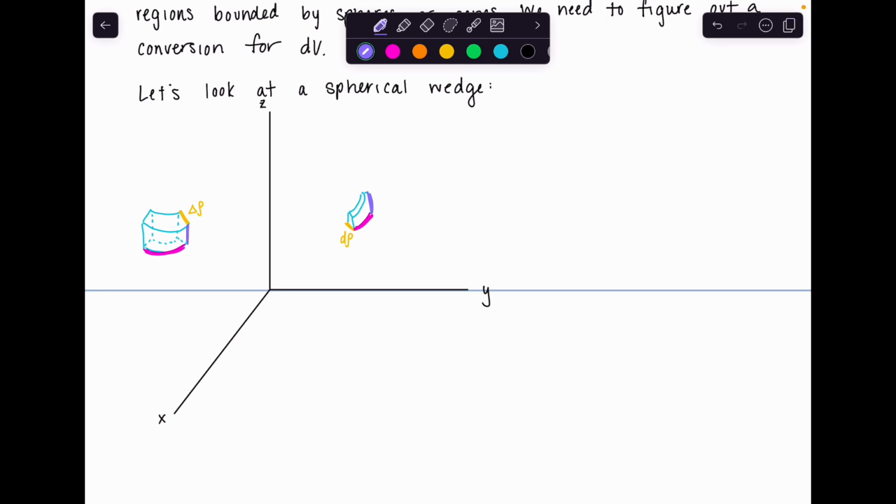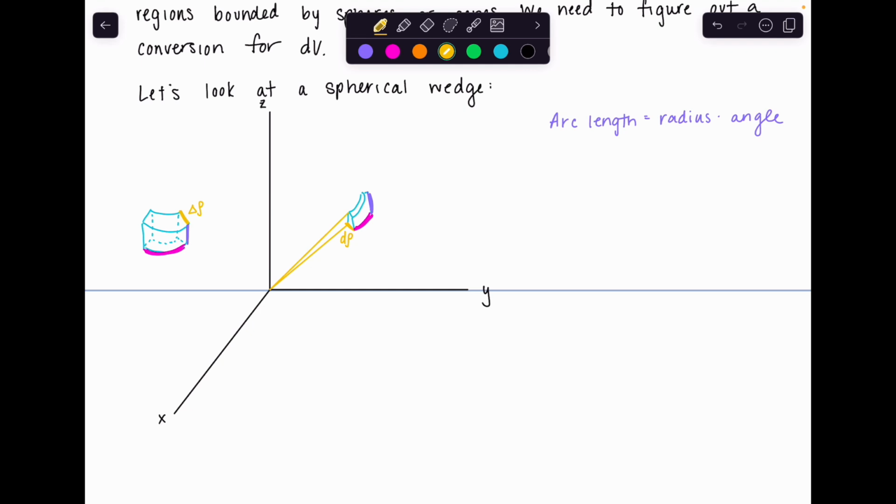So because these are kind of curved, what we need to remember is to get this length, I'm basically going to use my arc length formula, which is going to be the radius of that circle that it's created times the angle. And in this case, the angle is going to be d theta or d phi. Right? So to give you the pieces of what each of these look like, I'm going to draw out some pieces. So here is the top of that circle, and then here is the bottom of that circle.